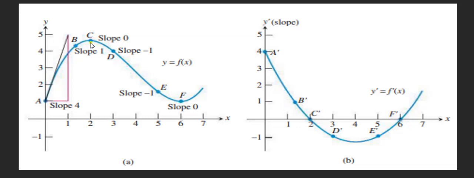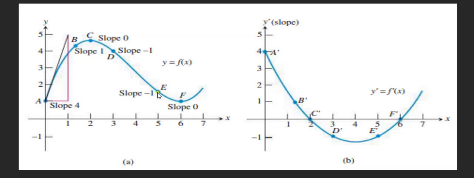What about at point C? At point C, the slope is 0. So at point C, y prime is going to be 0. What about at point D? The slope is negative 1, because the function is decreasing. So at point D, y prime or f prime is negative 1.